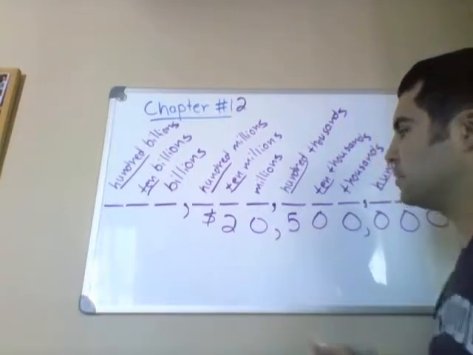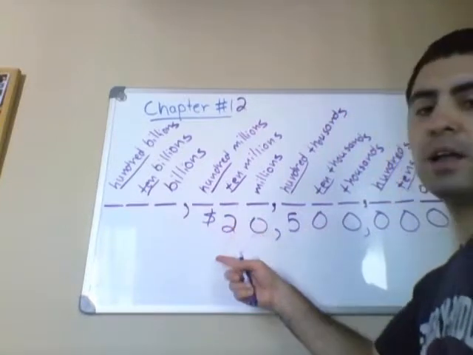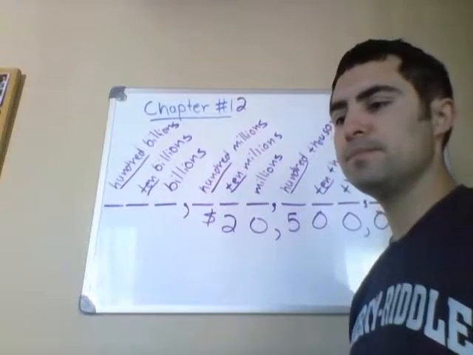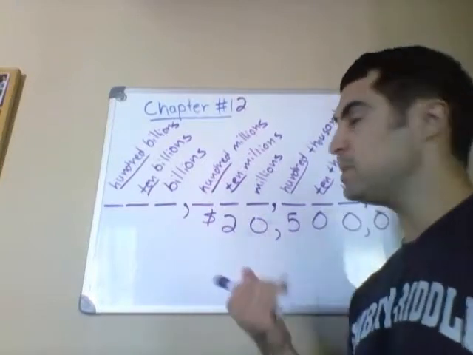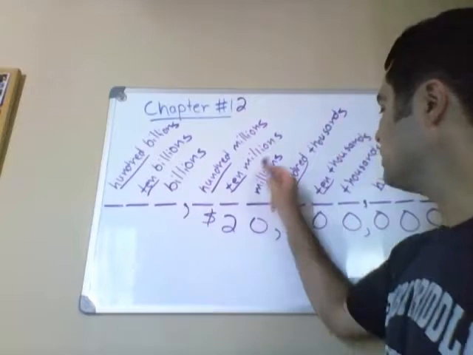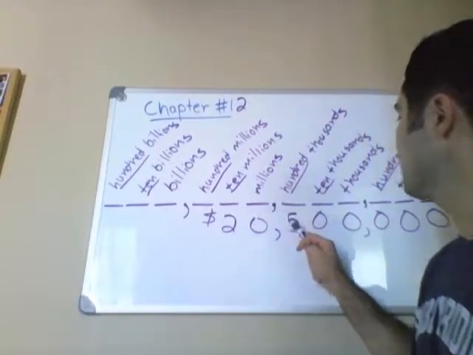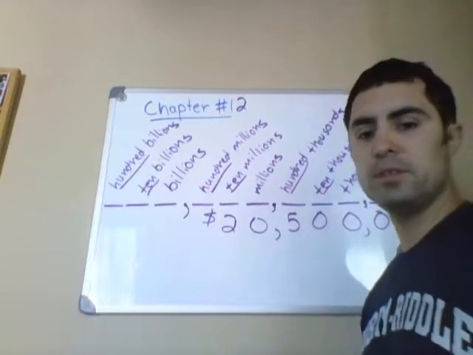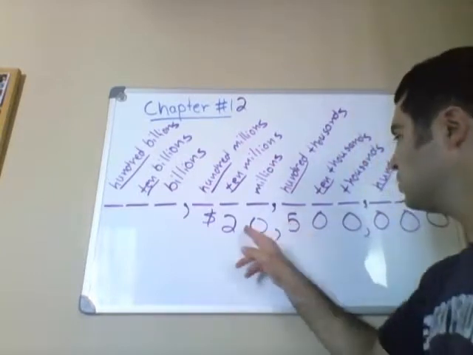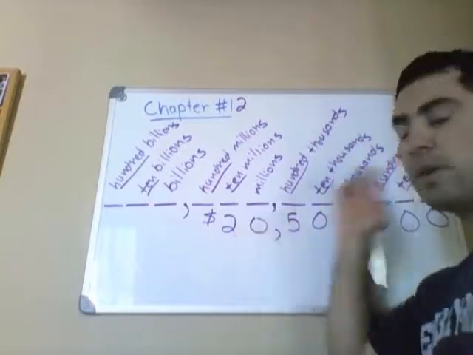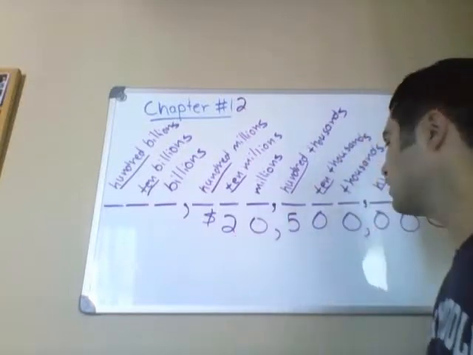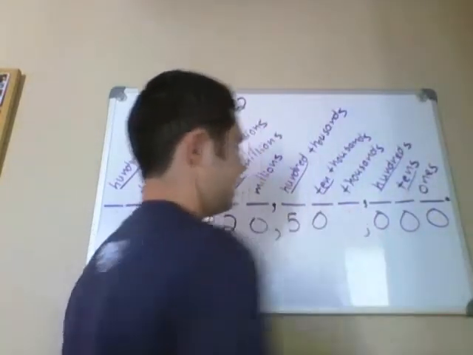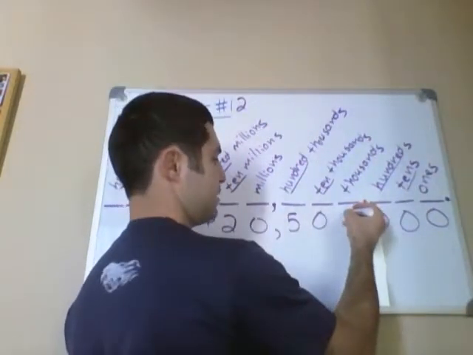Well, the way we read numbers is we read the number plus we determine the place value by our speech. So this would be $20 million, $20,500,000. So you would say 20 million. That way you can determine the exact value of the number. $20,500,000.